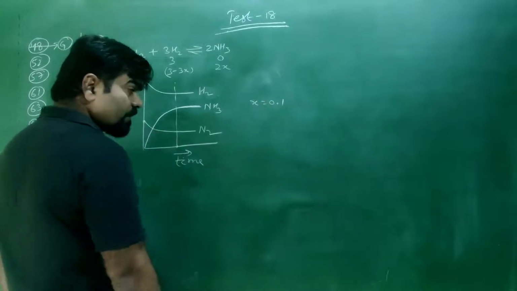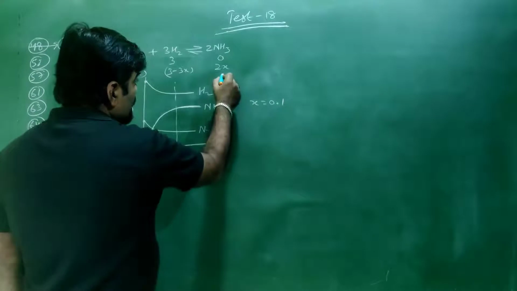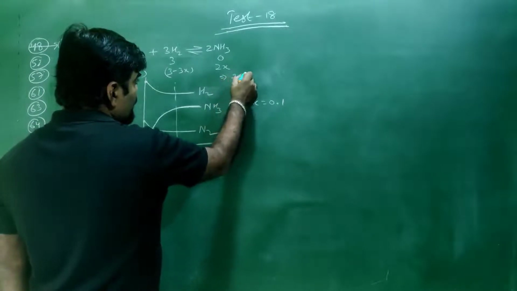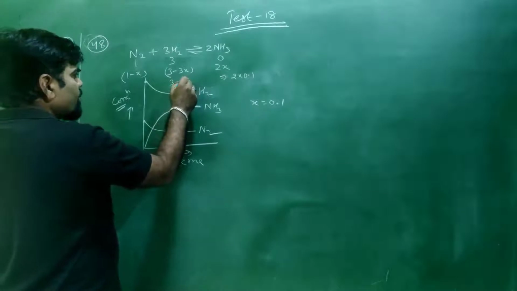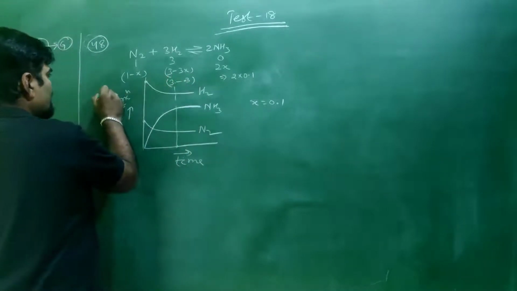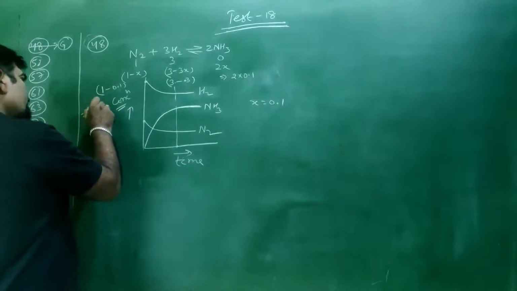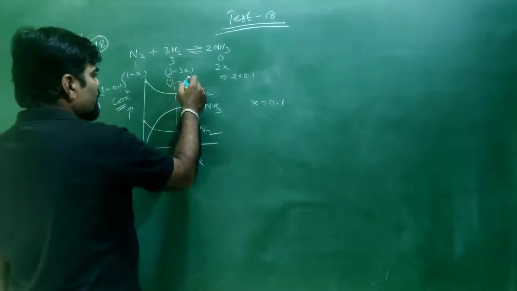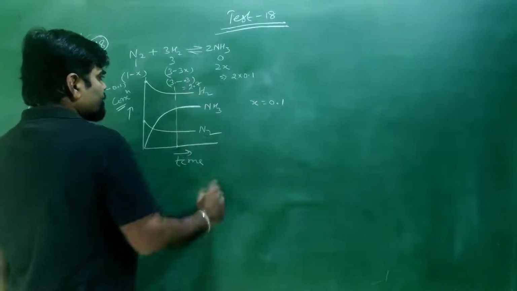Let's say this x is 10%, 0.1. So this will be 2 into 0.1, this will be 3 minus 3 into 0.1, this will be 1 minus 0.1. So this is close to 0.9, this is close to 3 minus 0.3, or 2.7.